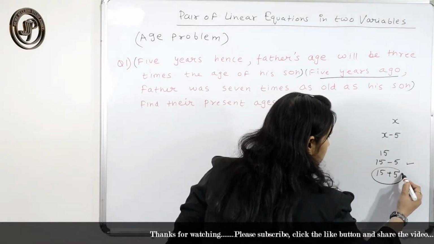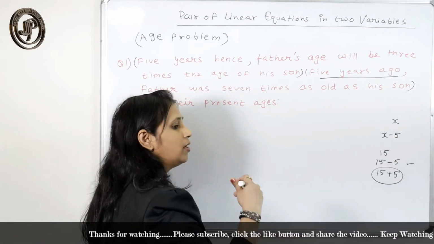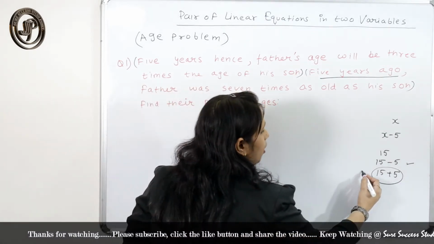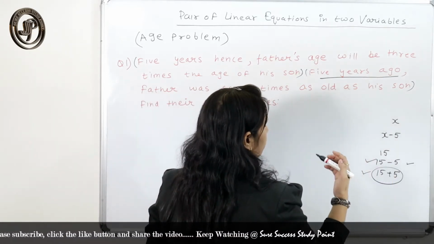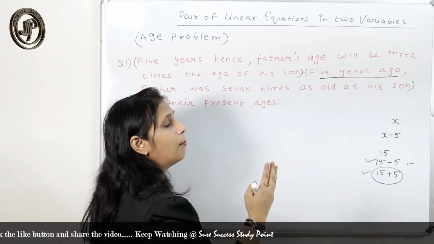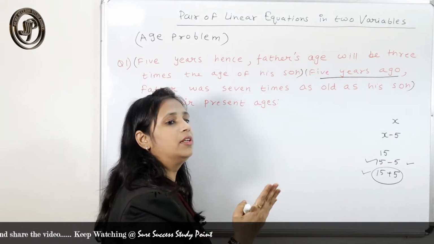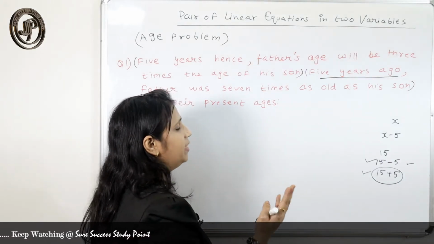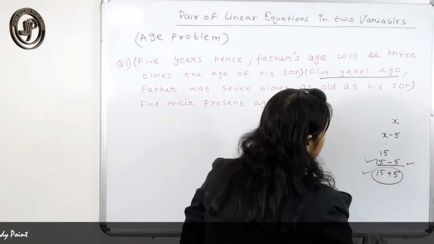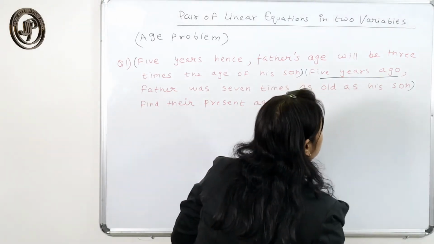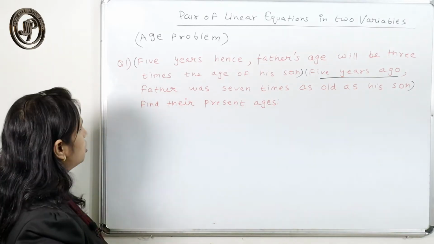So if it is given in the future, then you have to add those years. And if the question gives you an idea about the past, that 5 years ago or 3 years ago, then you have to subtract the age. That is the only concept you need to use in this question.